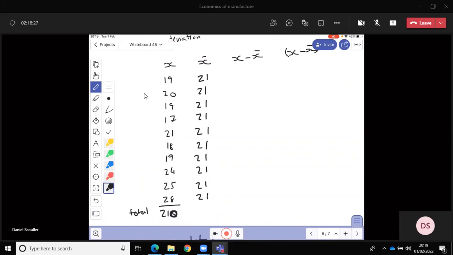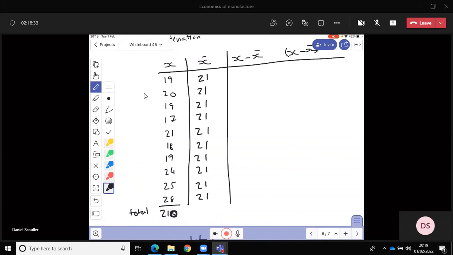Again, it's just to keep ourselves right. Now we've got x minus the mean, so we've got minus 2, minus 1, minus 2, minus 4, 0, minus 3, minus 2, 3, 4, 7.